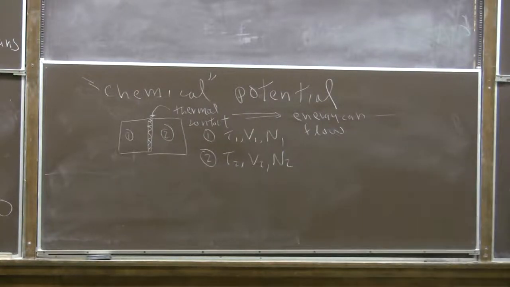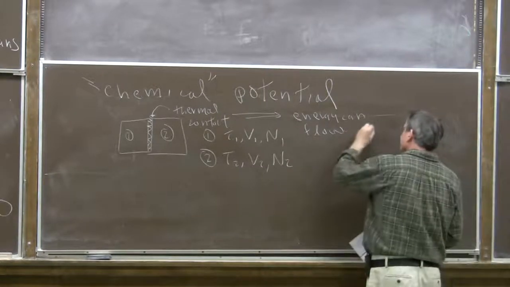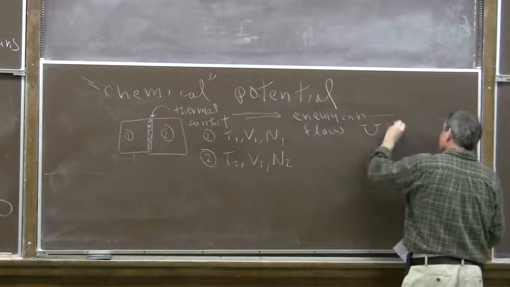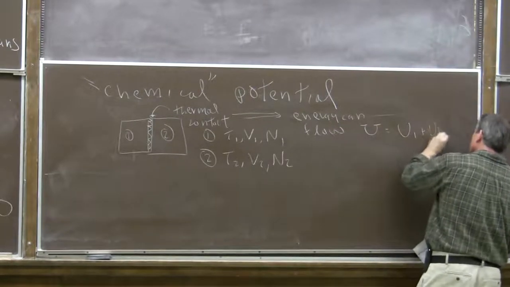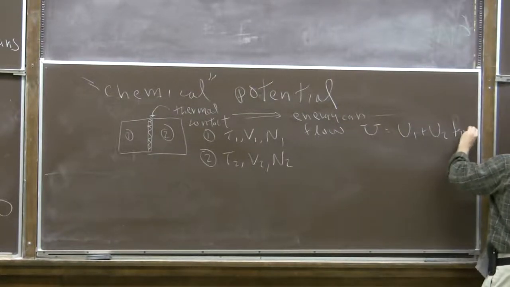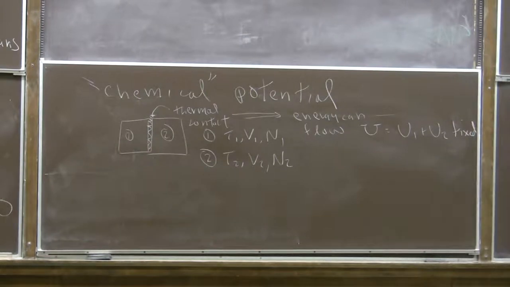But the total energy is conserved. So U, the energy of 1 plus the energy of 2, is fixed. But once there's thermal contact, the way the total energy is apportioned between the two systems can change. That's heat flow.